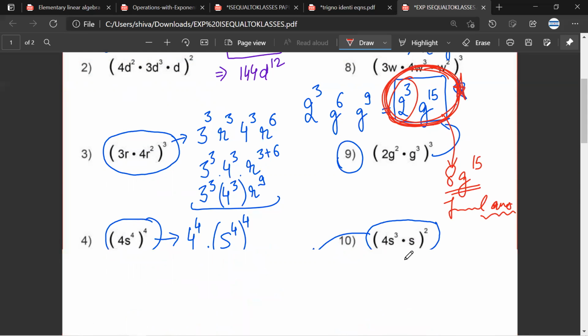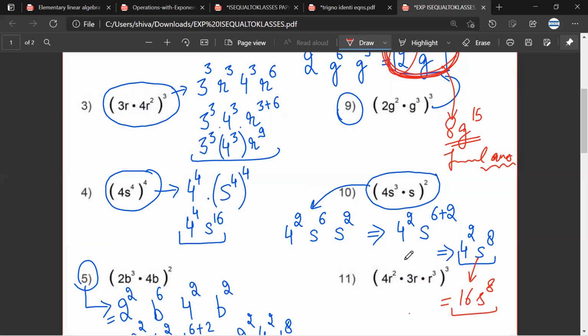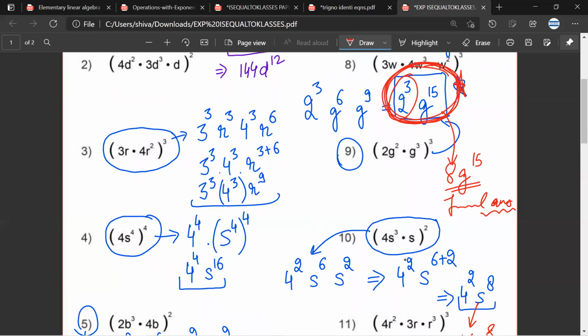So there are times when things are a bit complicated. For example, here you'll have to do a bit of calculation. So 3 cube is equal to, Mr. Sarthak? Your voice is cracking for me.